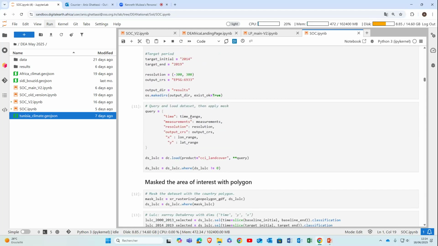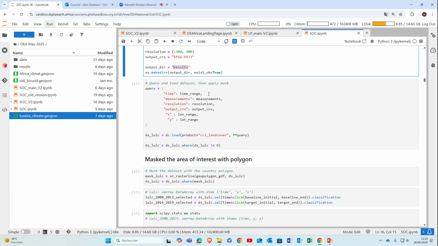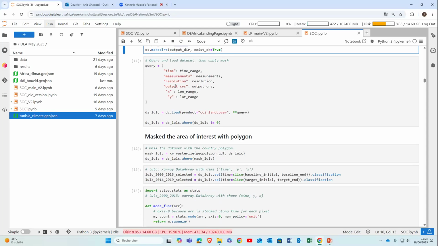For this part, we created a new folder for the different results that we will have later. Then we loaded the different datasets and the masks relevant to the land use land cover of the ESA CCI.